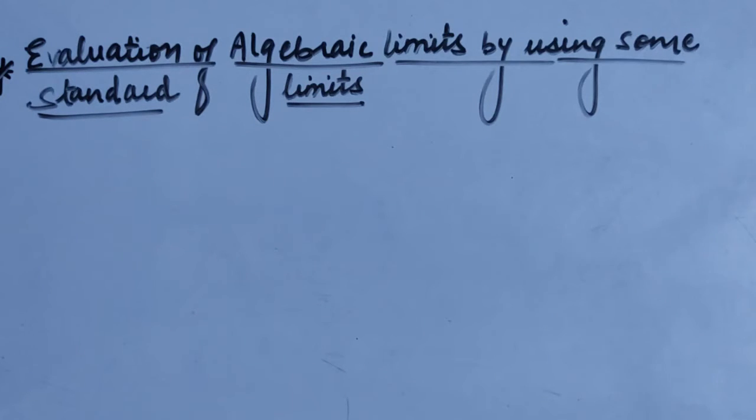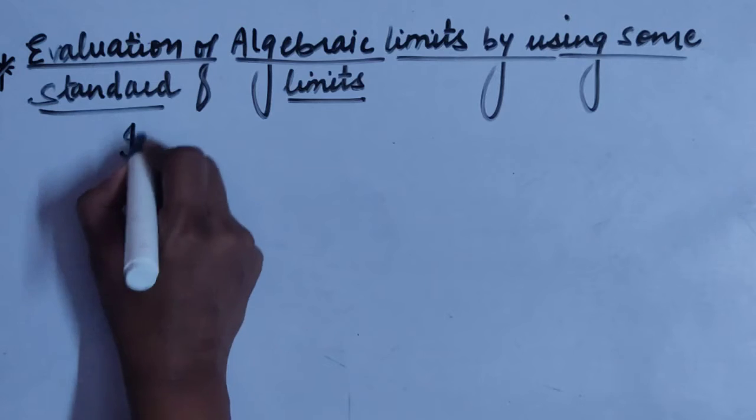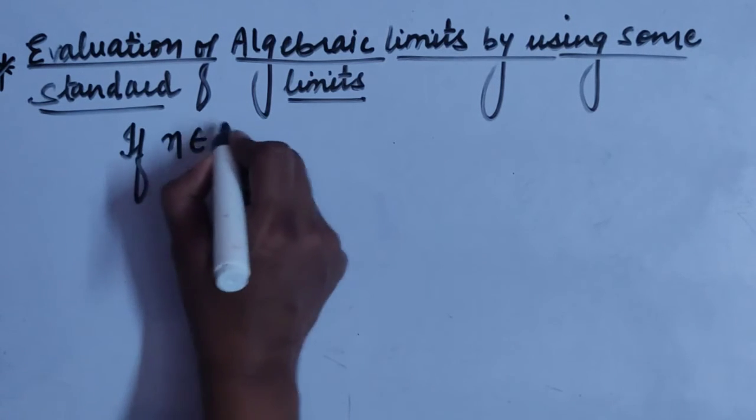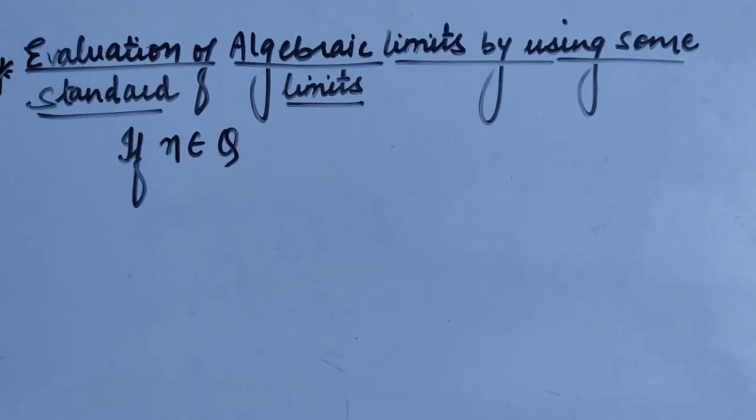So here we will discuss a theorem. Now what is that theorem? Listen very carefully. If n belongs to Q, and I know you people very well know what is the meaning of this Q. Q means set of the rational numbers.